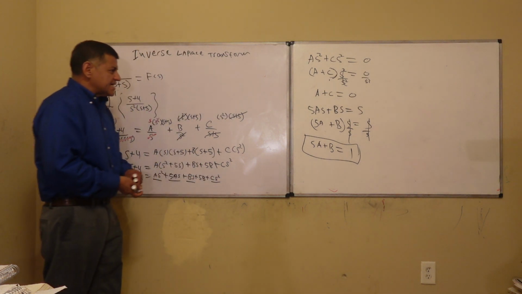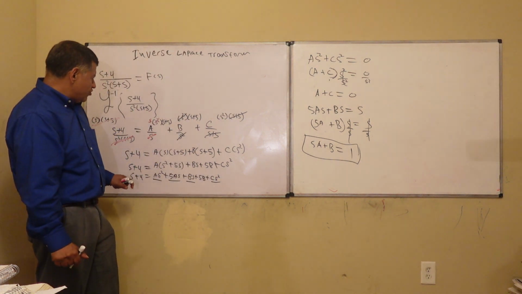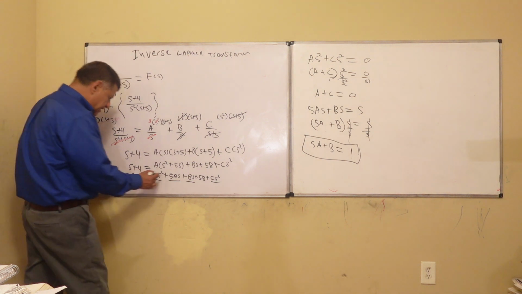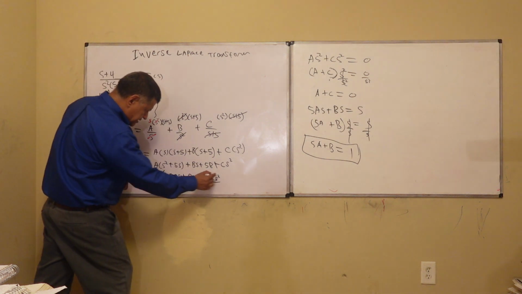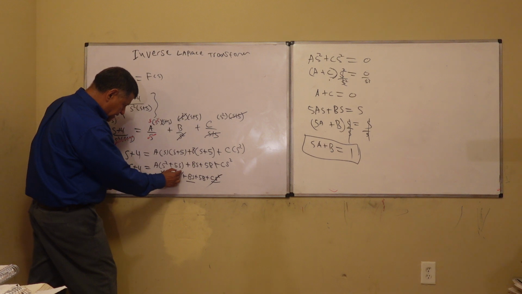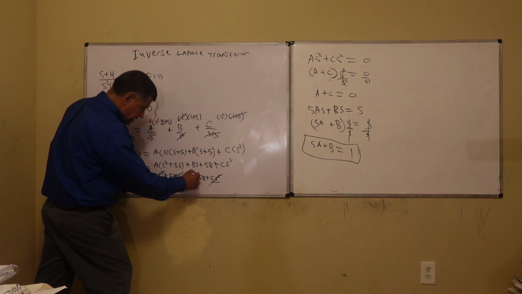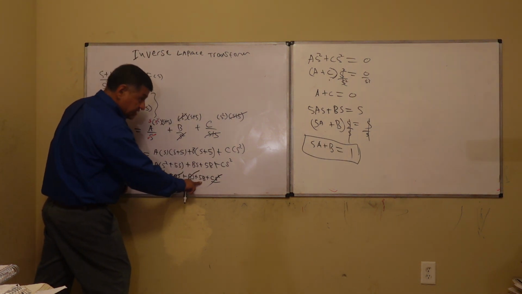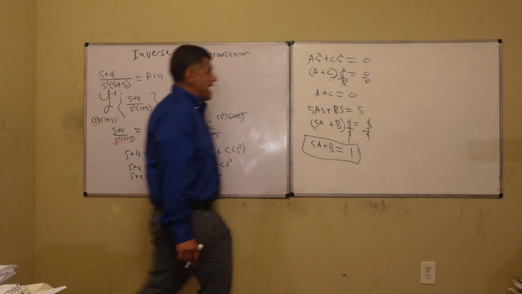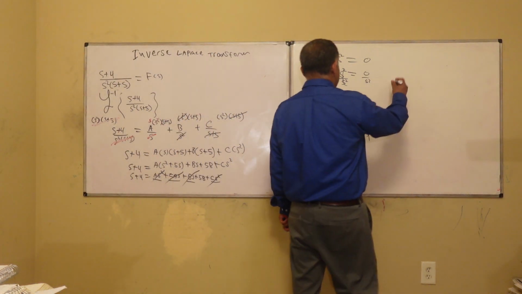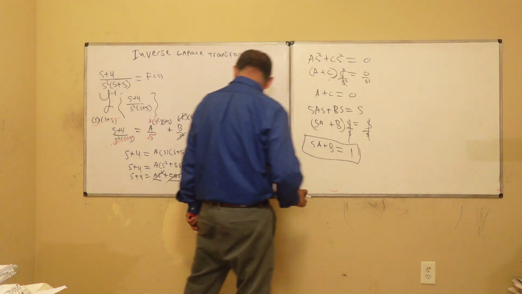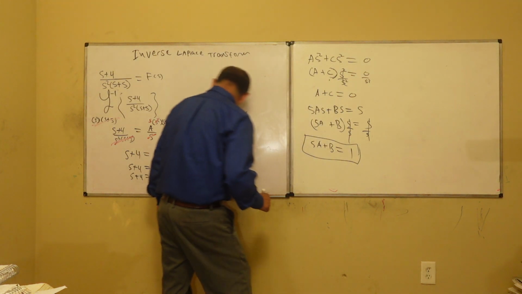So now, once I have that, what do I have left? So this is gone. This is gone. This is gone. That one is gone. I just need this. So let me write right here. So I have what?